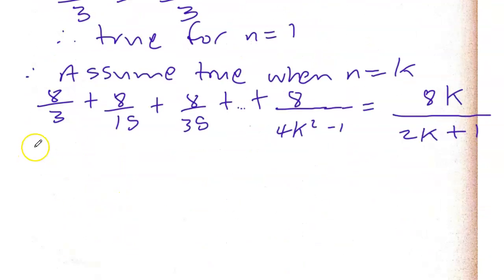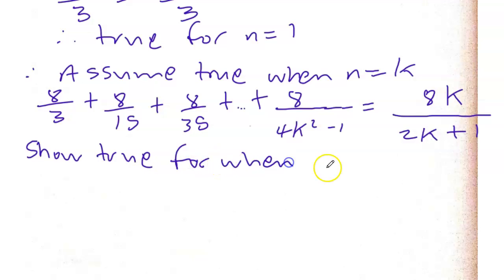Step 3 now, and this is the most difficult step, to show true for when n equal to k plus 1. To follow up from step 2, we're going to add one more term, the k plus 1 term. So again, we repeat it.